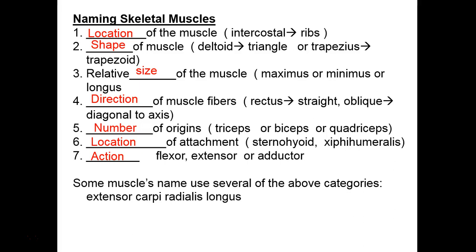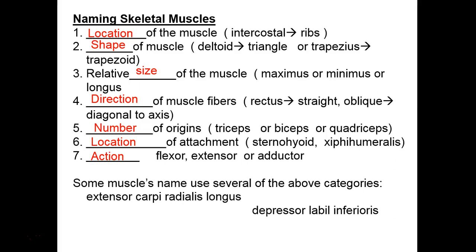Where are your carpals? The carpi, that would be your wrist. The radialis, radius is the bone that's hooked to the thumb, and longus. So this must run from the carpals to the radius, and maybe it helps to extend the hand at the wrist, and it's a very long, skinny muscle. So just by looking at the name, even if you'd never heard of that muscle before, you know something about where it is and what it does.